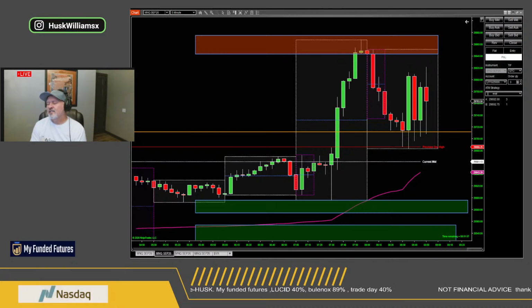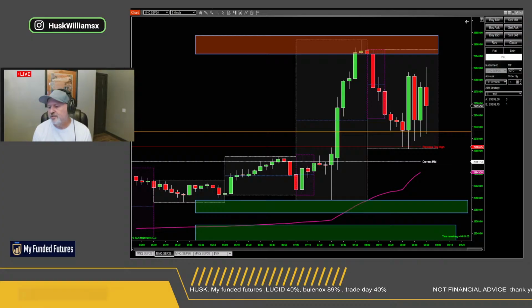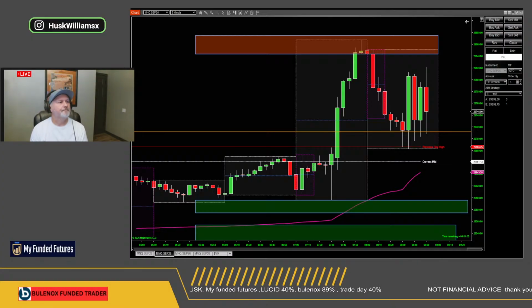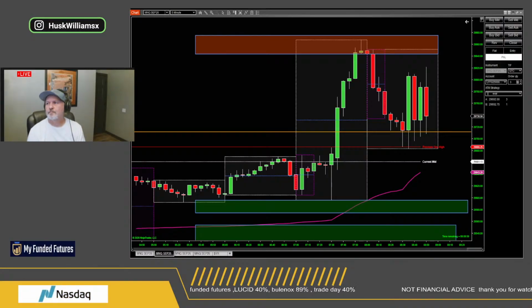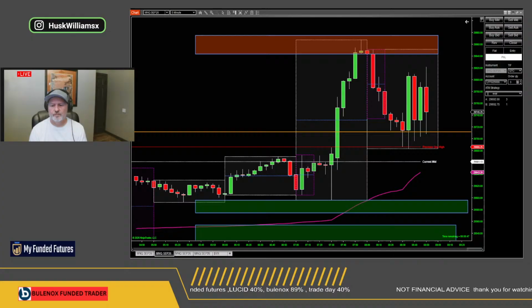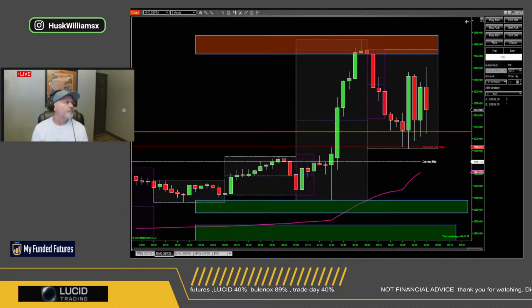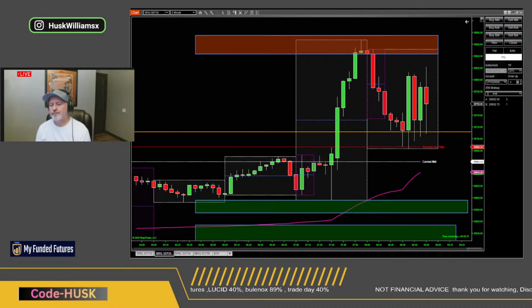This is the worst price action if you're trapped in this and you're over leveraged. All right, the bulls are really trying hard.